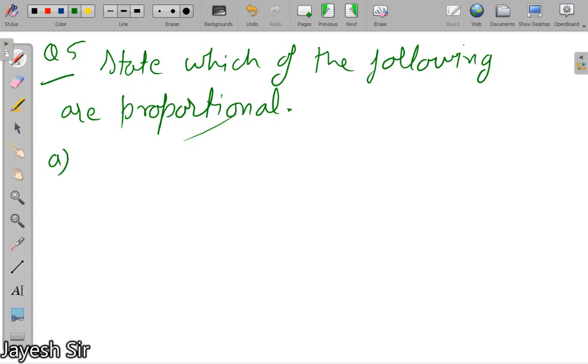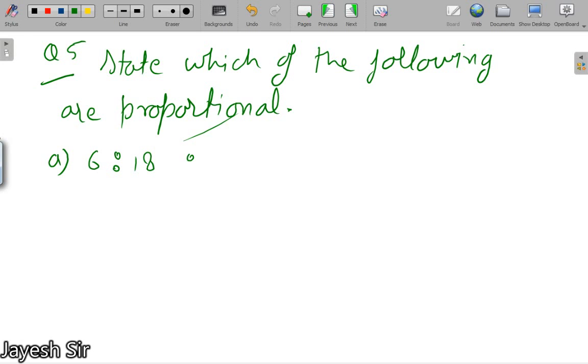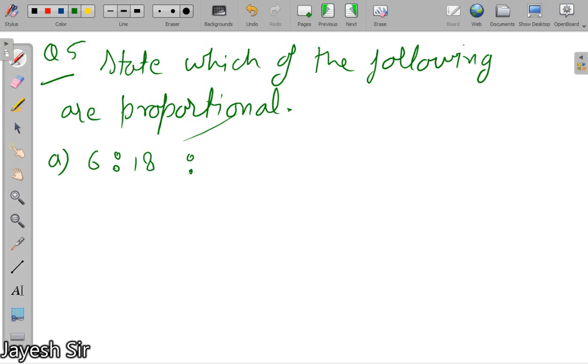The A part is 6:18 and 9:27. So how do we determine whether these ratios are equal or not? It is quite simple.